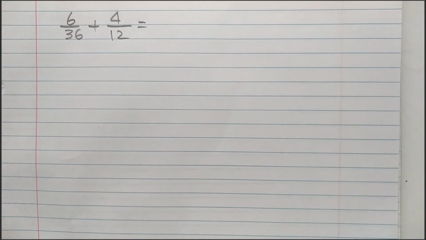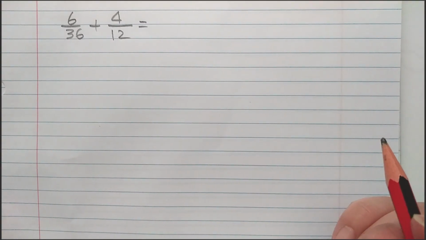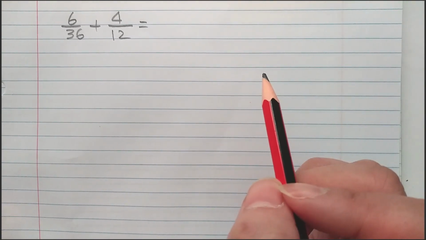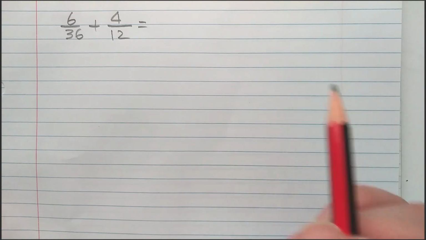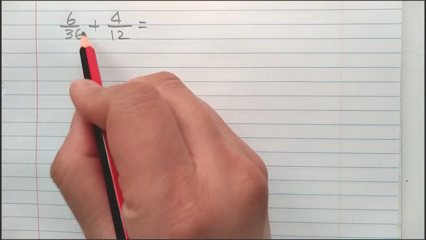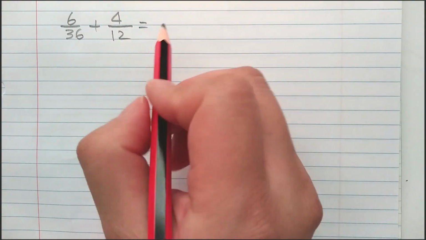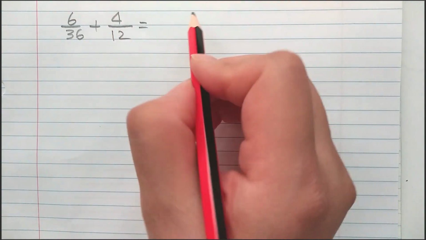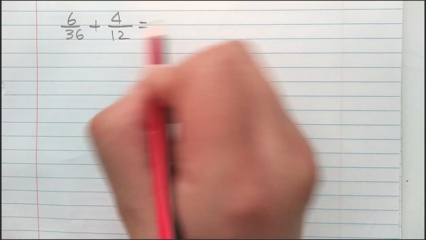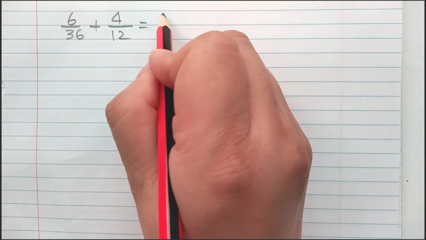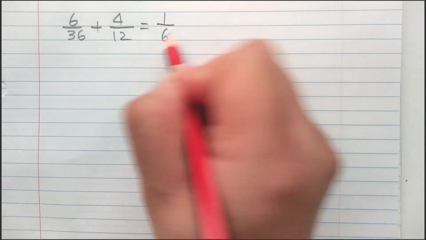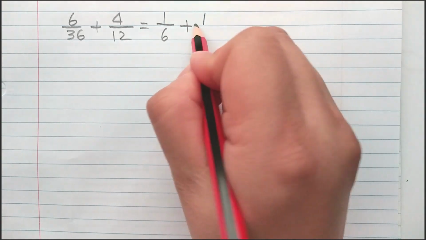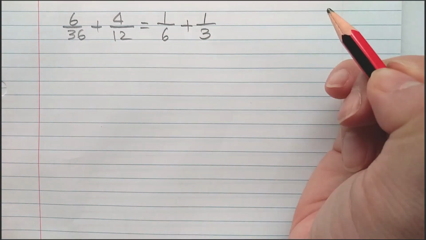Take a look at these fractions. Should we go ahead and find the least common multiple of 36 and 12? Before we do that, 6 over 36 is not the simplest form. This is reducible. That 6 over 36 is equivalent to 1 over 6 plus, and this is also equivalent to 1 over 3.